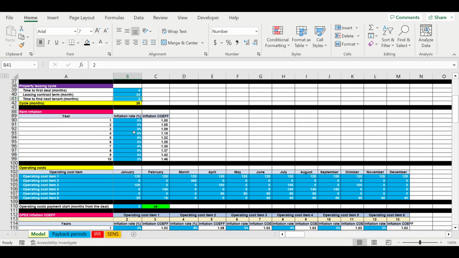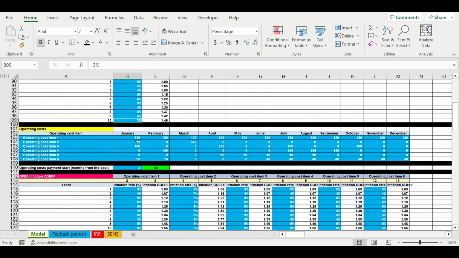Then we say that, for example, we will be inflating the rent, so the inflation rate for the first year will be 0. Then we can specify how the rent price will grow. This is the percentage to the previous year.